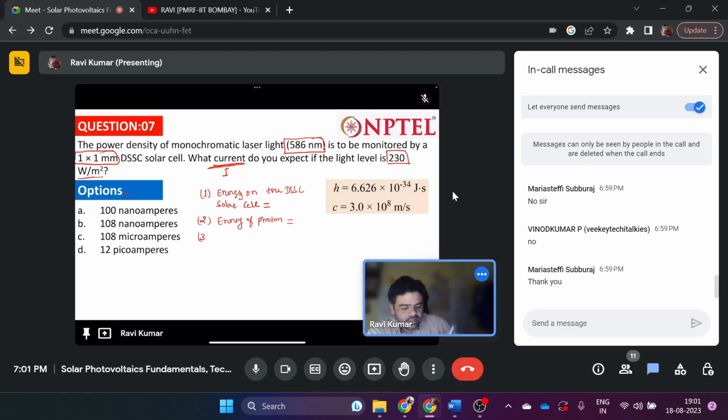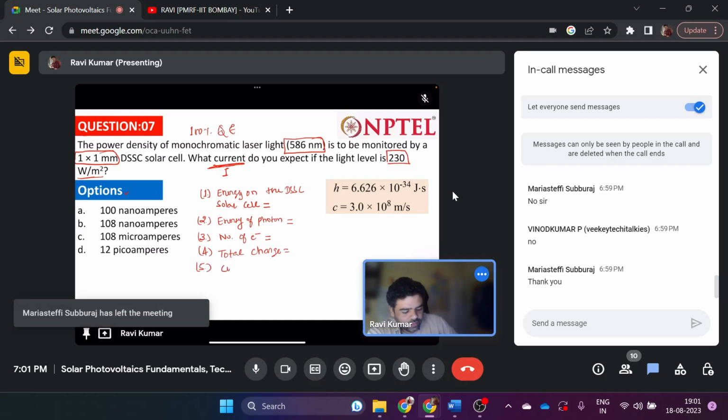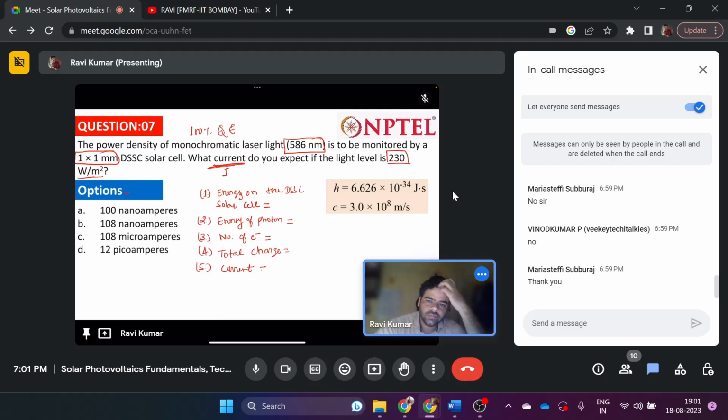Third, assume 100% quantum efficiency here as well. Third, number of electrons. Fourth, total charge. Fifth, current. If you are solving it and if you are getting the answer of any step, let me know. I'll write it here.